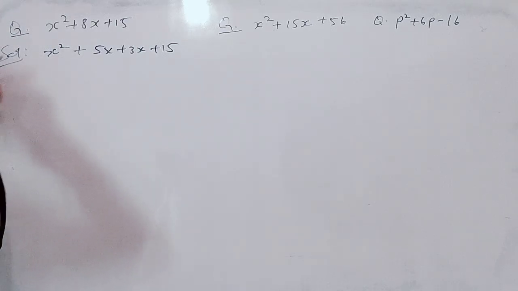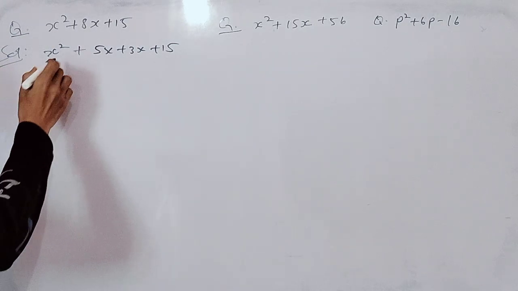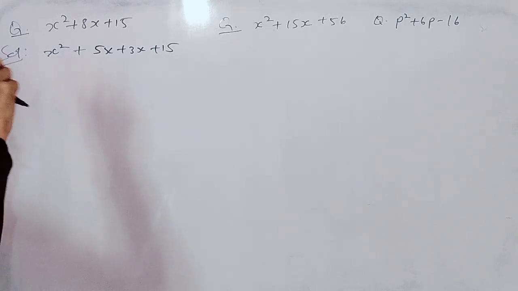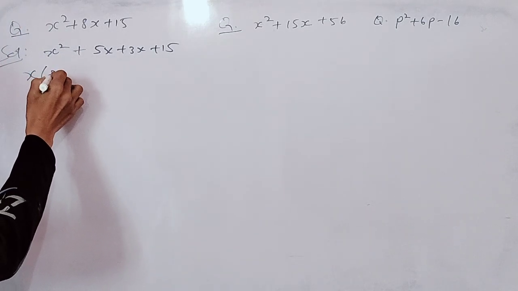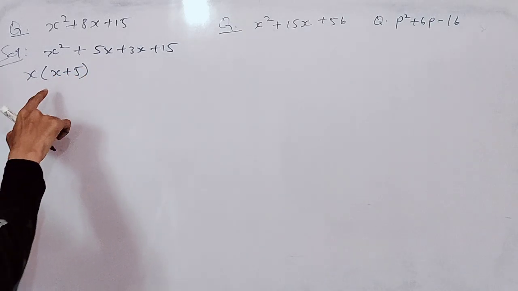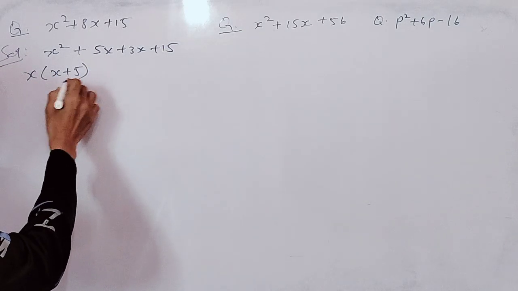In these first two terms we have x as a common factor, x plus 5. Yes, we can write this here.